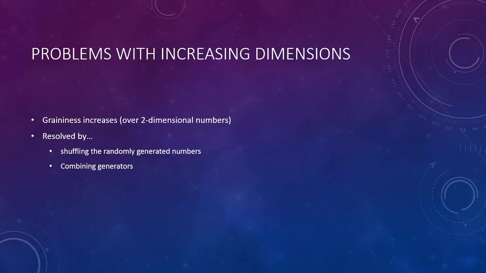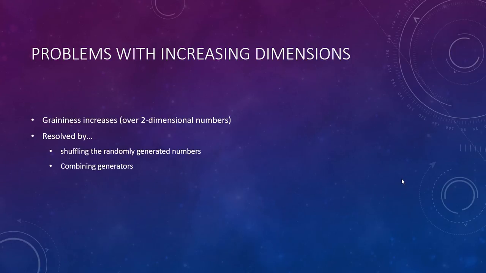The last section in chapter 2 is about the problem that happens when you increase the dimension when you generate random numbers. It happens when you generate numbers with more than 2 dimensions.